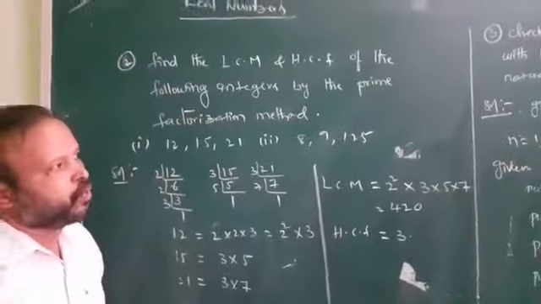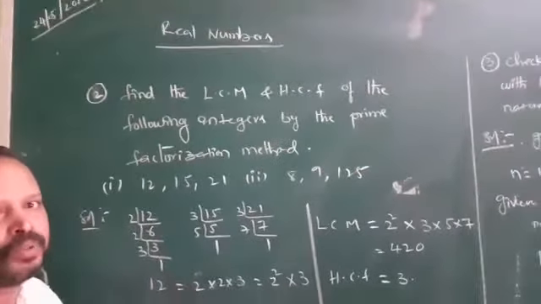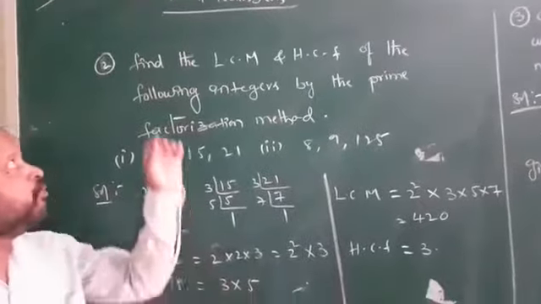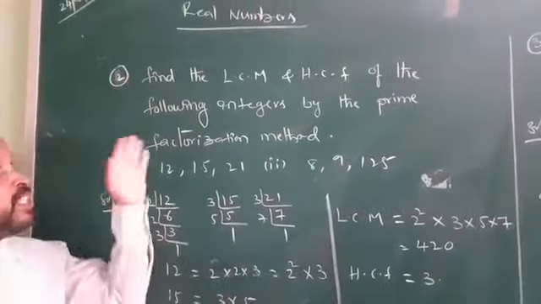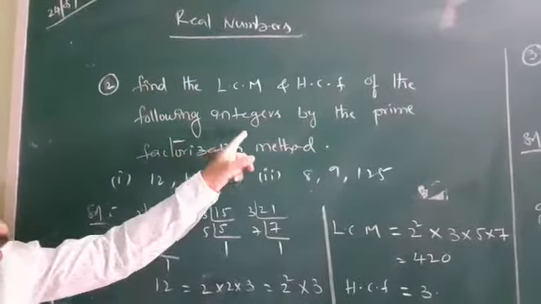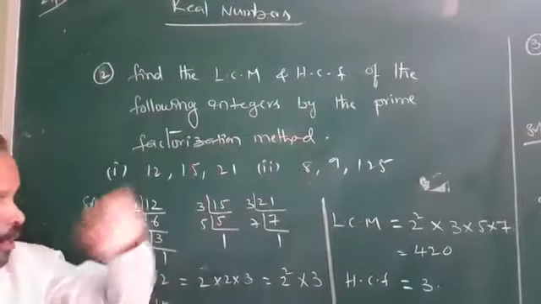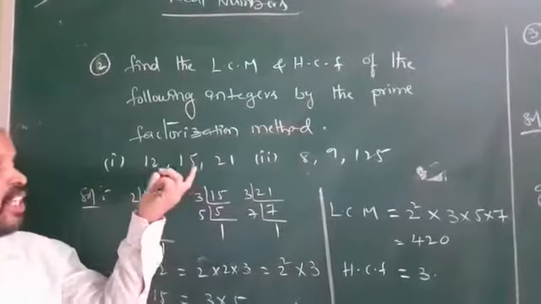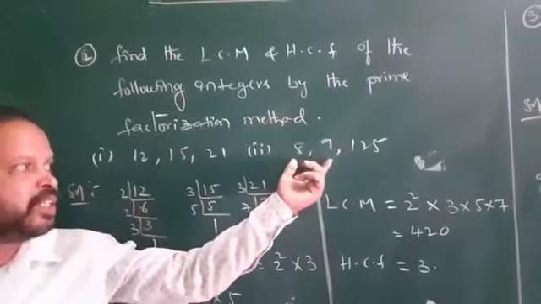Next, exercise 1.2 second problem. The first problem I already told. This one is the second problem. Find the LCM and HCF of the following integers by the prime factorization method. Here 3 integers are given.